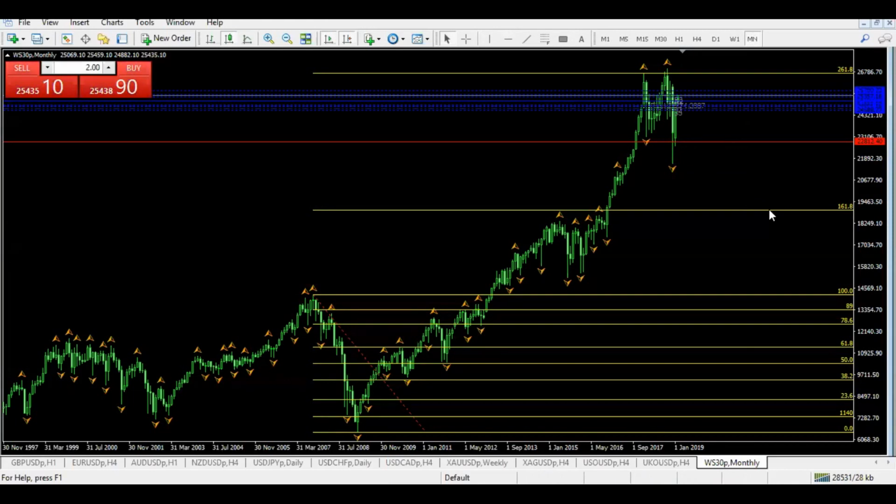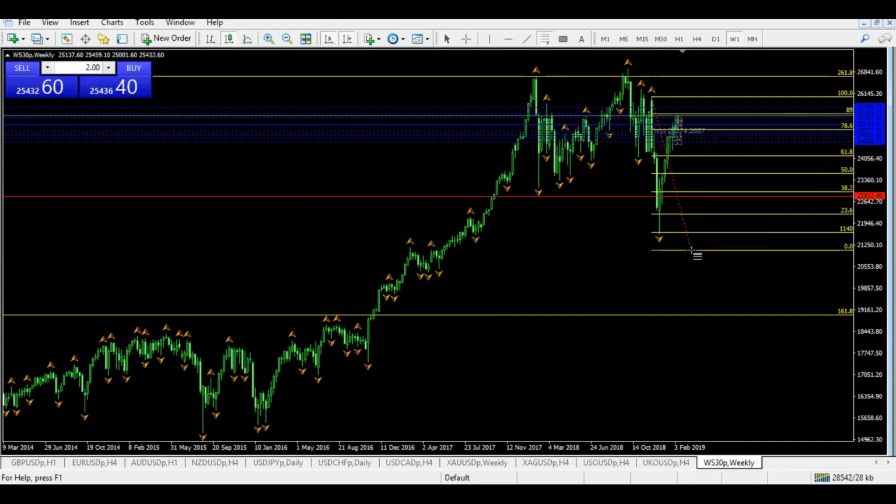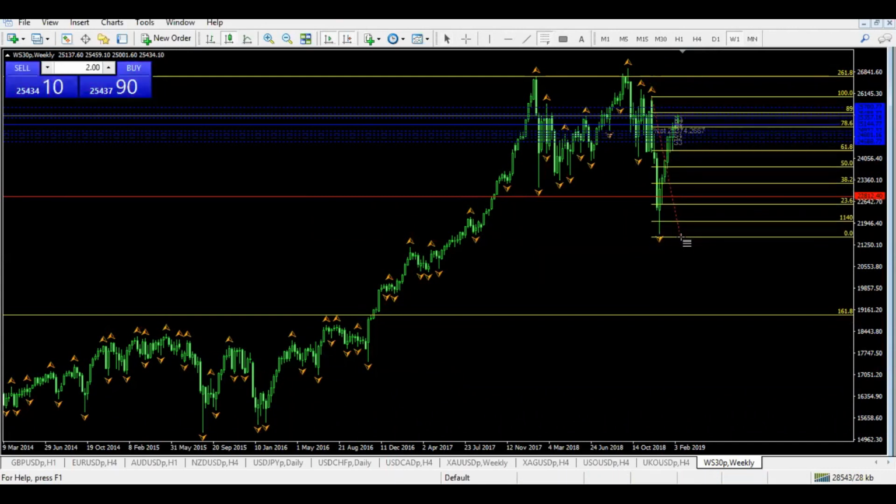According to this technique, what do we get here? The price is going back and forth in central pivots. The only thing that you can get is your minor Fibonacci.